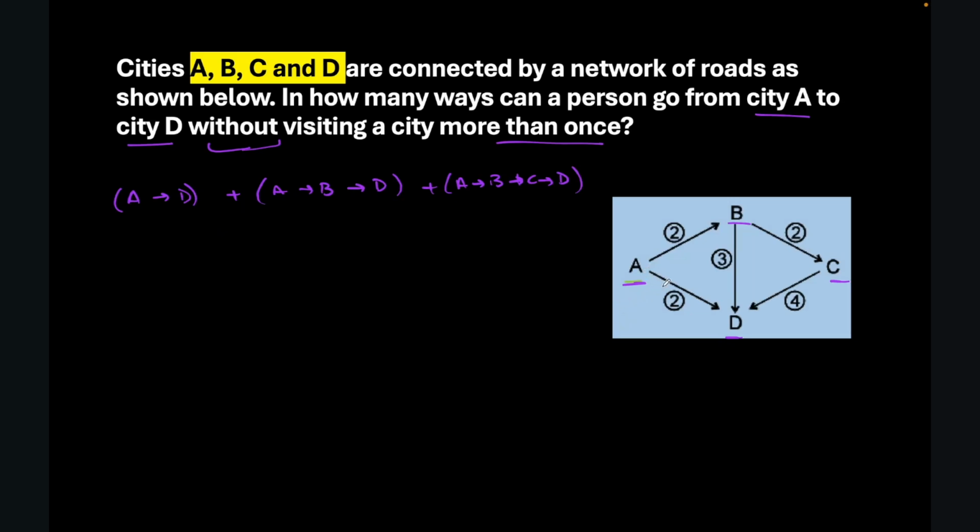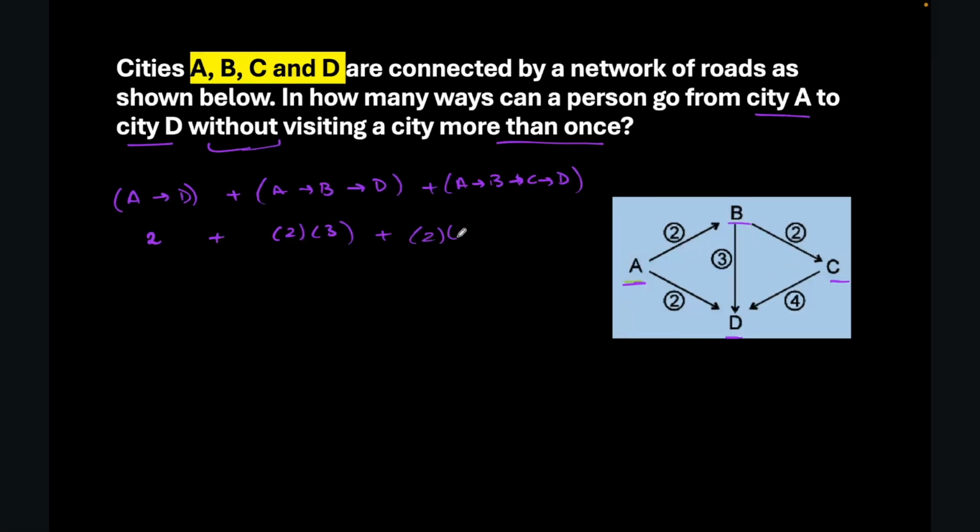So directly to go from A to D, there are 2 ways. So I can just write 2. To go from A to B to D, there are 2 ways to go to B and then 3 ways to go to D. So 2 times 3. And similarly, A to B to C to D, so 2 times 2 times 4.